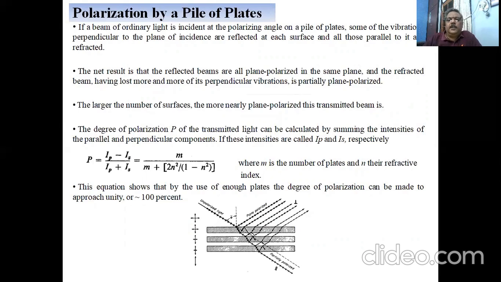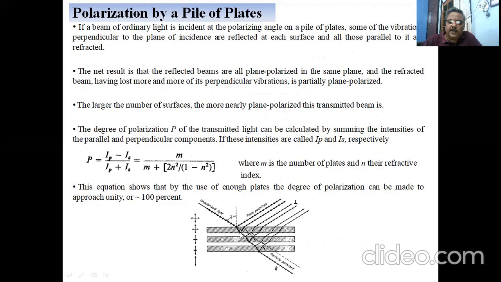Now we come to the reflection by the pile of plates. We have simple glass plates placed one above another. And if a beam of ordinary light, this is the unpolarized light, is incident at the polarizing angle on the pile of plates, some of the vibrations perpendicular to the plane of incidence are reflected at each surface.